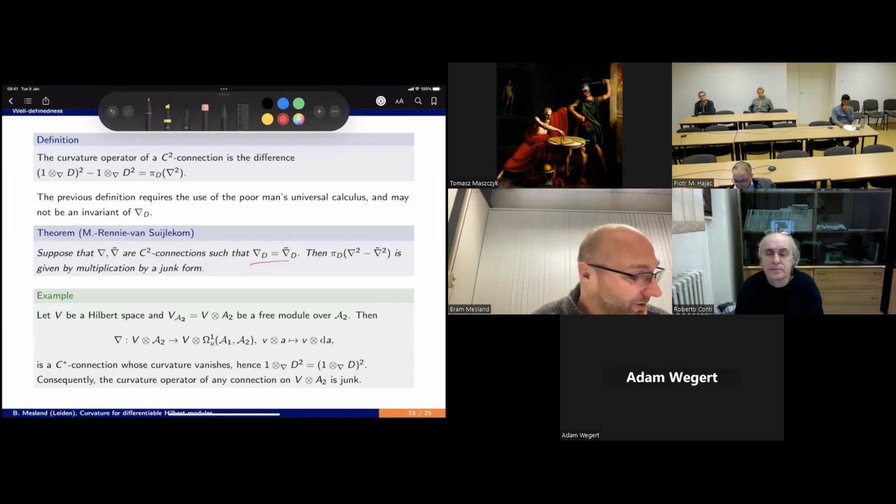Now, another example is that of free modules, and free modules are usually thought of as direct sums of the algebra with itself, either finitely many or countably many times, but you can also think of them as tensor products over the complex numbers now with just some vector space.